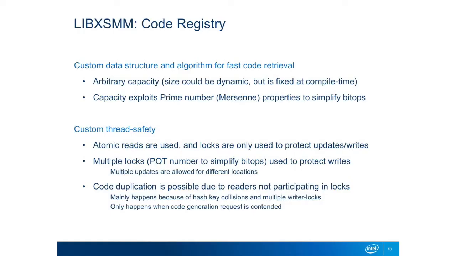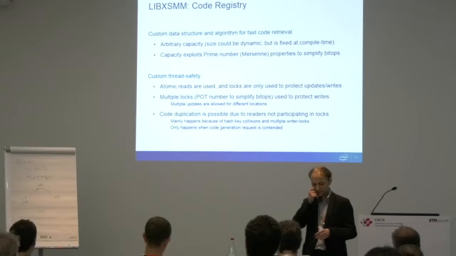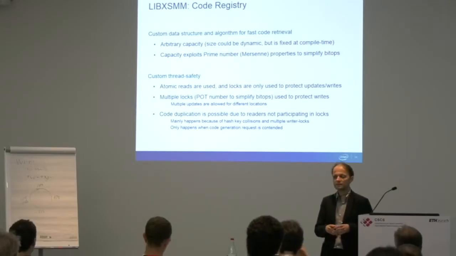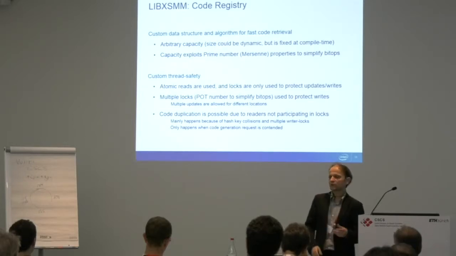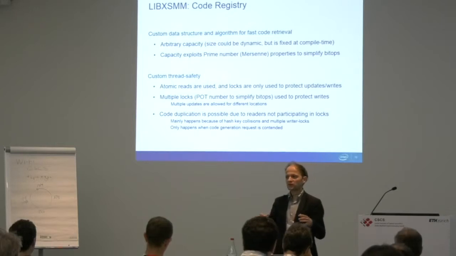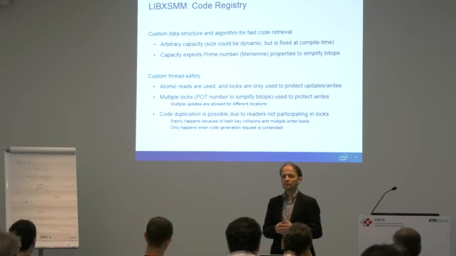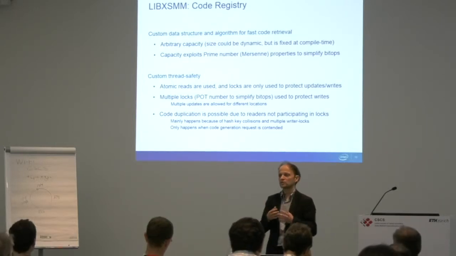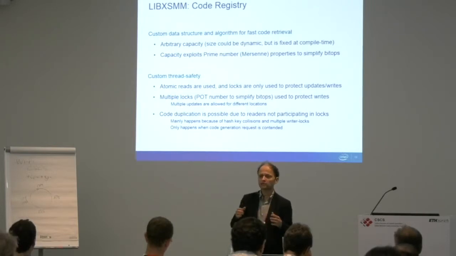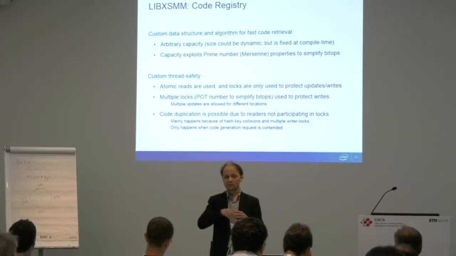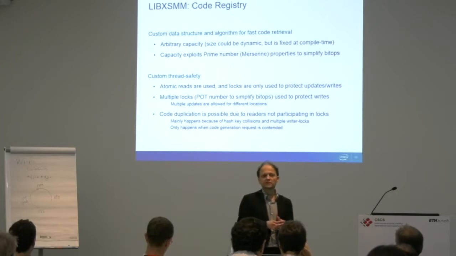So the code registry is basically a custom data structure and algorithm for fast code retrieval. It has an arbitrary size. We still size it at compile time, but this shouldn't be a limitation, basically. We allocate 12 megabytes as an over-allocation for the registry, to have a good distribution out of the hash function. Although the hash is a high quality hash like CRC32, it is rock solid.